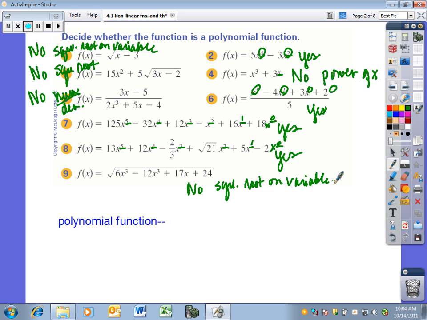So I'd like you to help define a polynomial function in your own words. The variable power must be a whole number. No square roots on the variables.